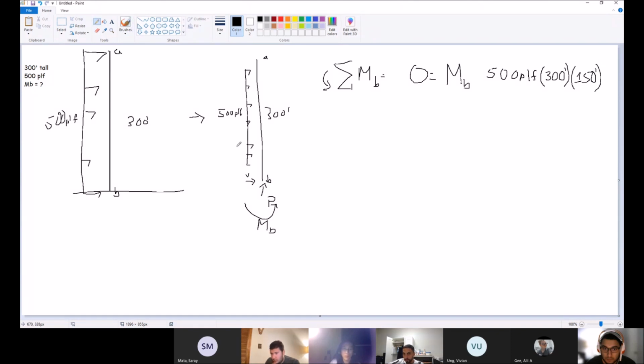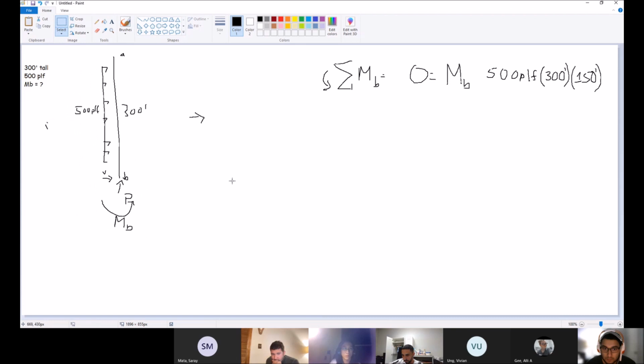So this is essentially what we did. 500 pounds per linear foot, spread across the entire 300 feet. We consolidate this down to one point, and the average of a line is the middle.